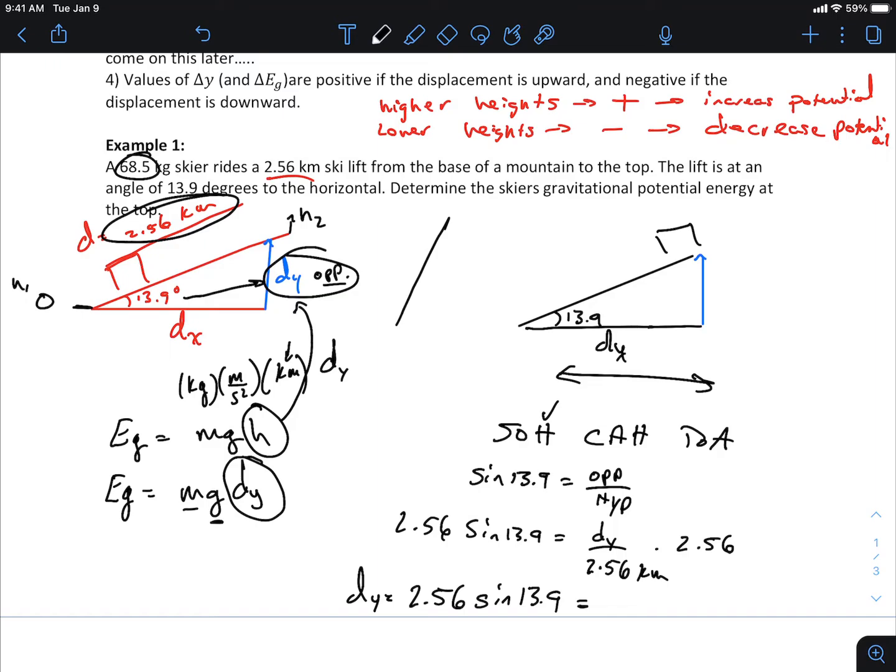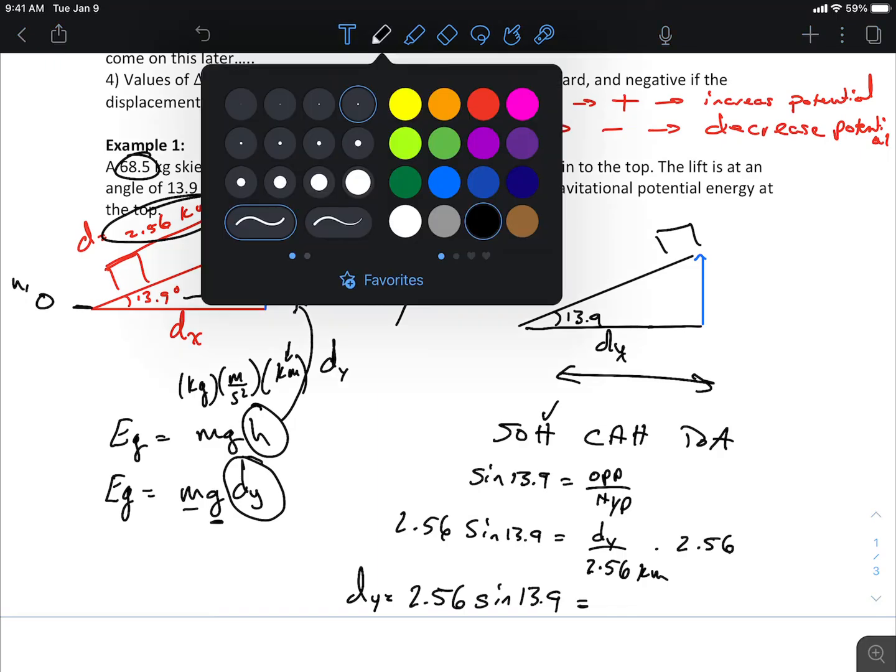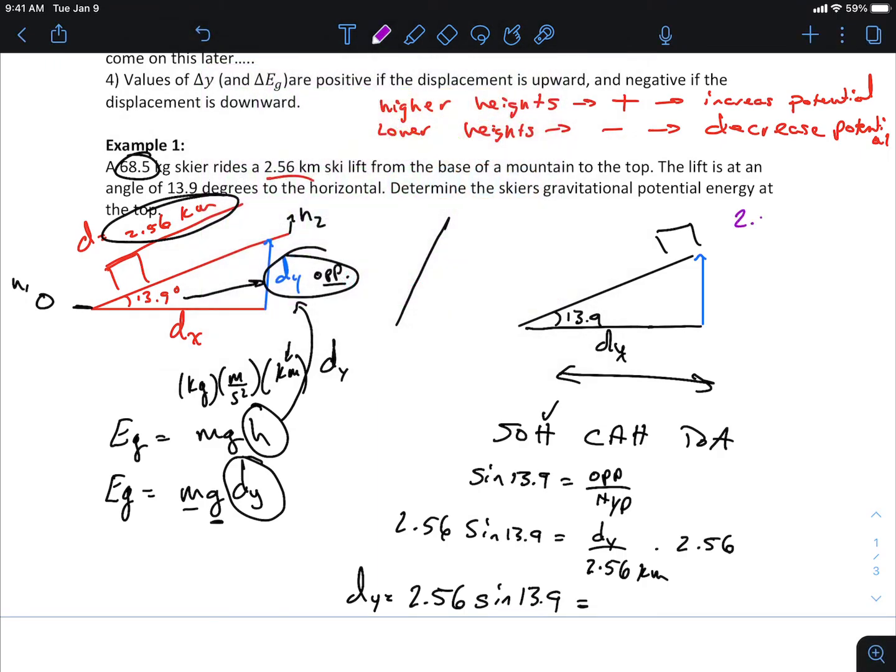Okay, so what is 2.56 kilometers in meters? Well, we just move the decimal 1, 2, 3 to the right. So I get 2,560 meters. Okay, that's what goes down there.